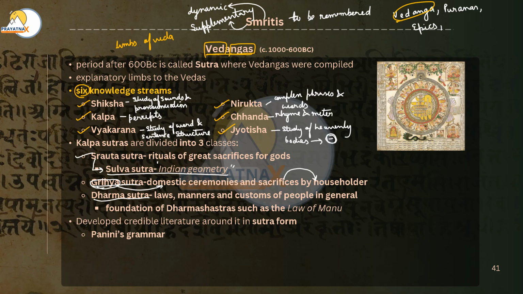Now, the foundation of Dharma Sutras can be seen in the Law of Manu text. Now, one of the most credible examples of the sutra form was Panini's grammar, which is an important source to remember.